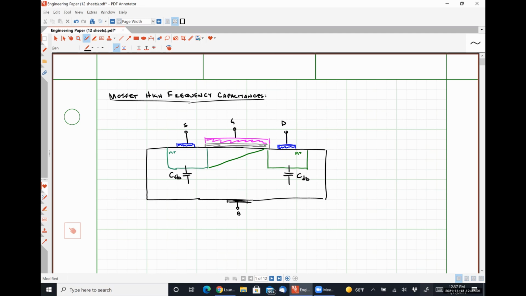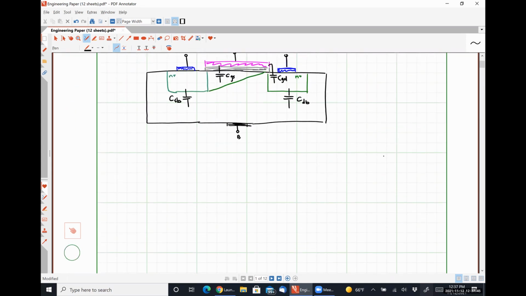We will have a capacitance CGS formed between the gate and the source. And we will have a capacitance, let's call it CGD, formed between the gate and the drain region as well. So those are two different capacitors because of the profile of the channel during saturation region operation. I'm not going to go into how to calculate all these things, just trying to tell you where these capacitances come from.